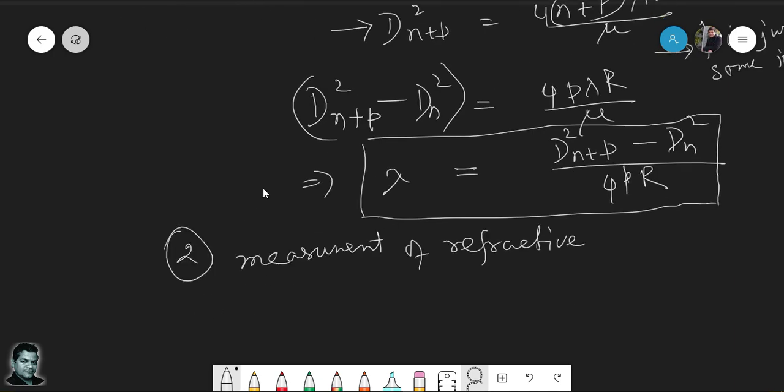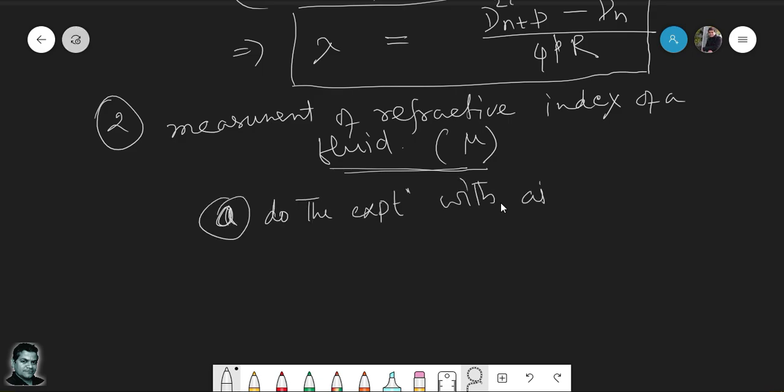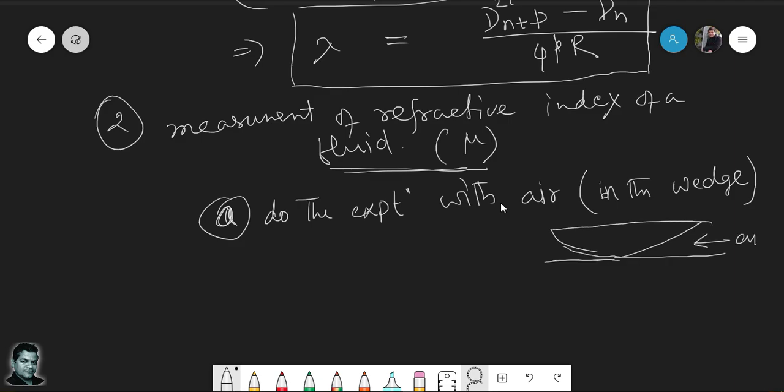Then application number 2, measurement of the refractive index of a fluid, μ. To measure the refractive index of a fluid, you do it in two separate steps. Step A, do the experiment with air in the wedge. So if this is the wedge, this is the plano-convex surface. You do one case with air, and then you measure D_(n+p) squared minus D_n squared, which is equal to 4pRλ, just from the last expression.